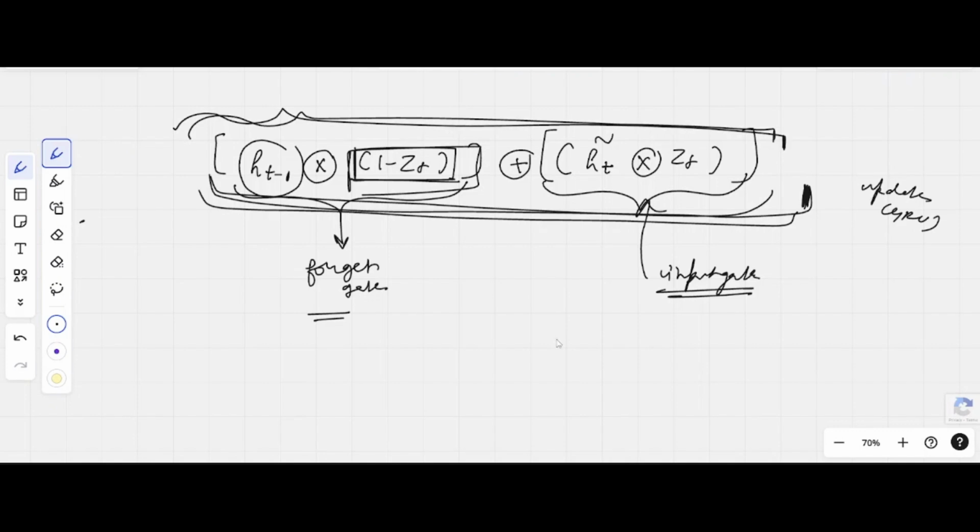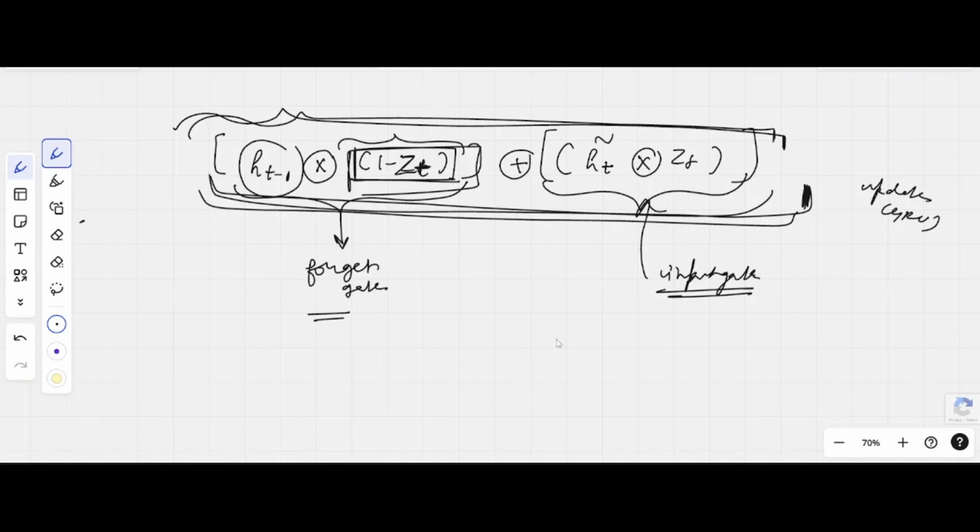We are not facing this problem here because we have this additional quantity 1 minus ZT that prevents gradients during backpropagation from decaying, and those gradients remain the same.